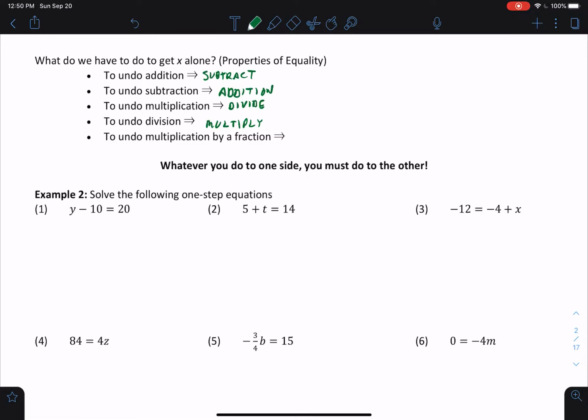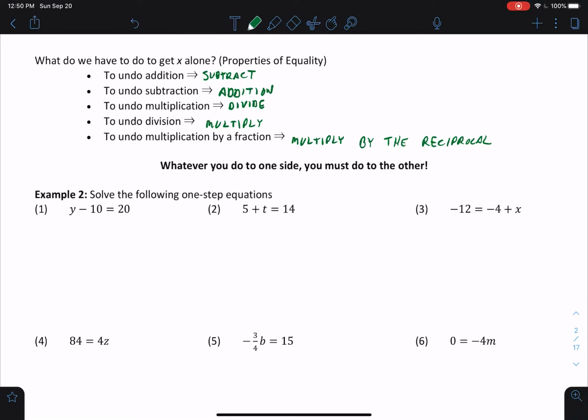And to undo multiplication by a fraction, like what if our variable is being multiplied by a fraction? Well, we divide, but remember, to divide fractions, we multiply by the reciprocal. And then once again, whatever we do to one side, we have to do to the other.